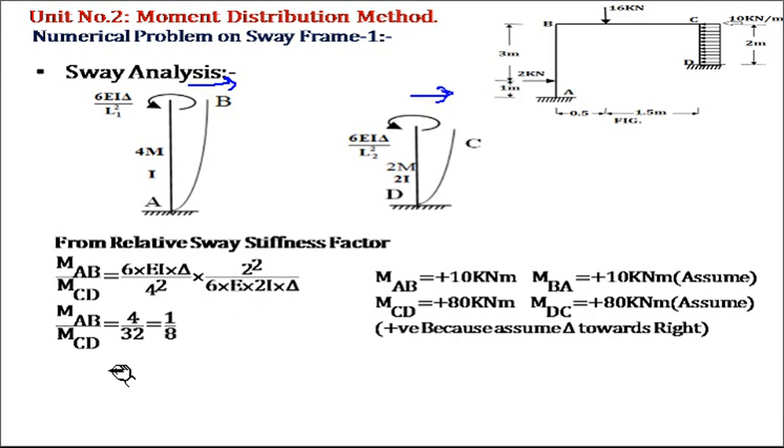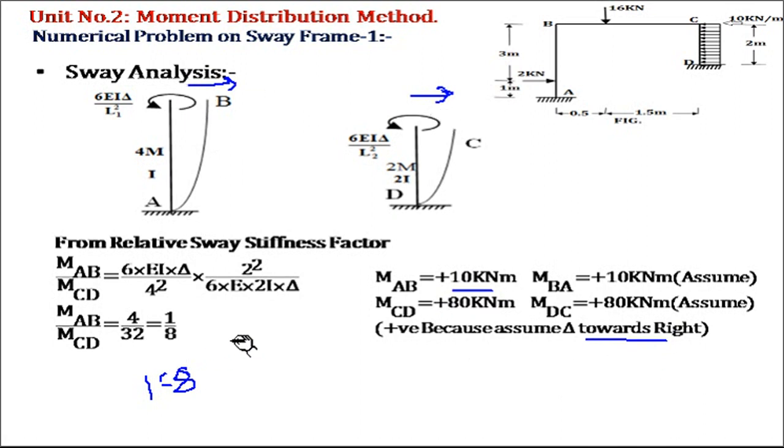So the ratio of the moment in member AB to the moment in member CD is 1:8. That means we have considered the moment in member AB as 10. Here it is plus 10 because we have assumed the sway towards the right as positive. Since both vertical members sway towards the right, it will be plus.